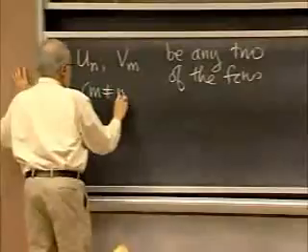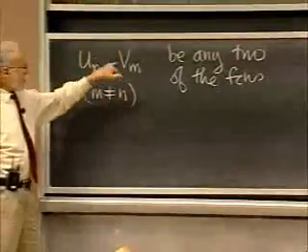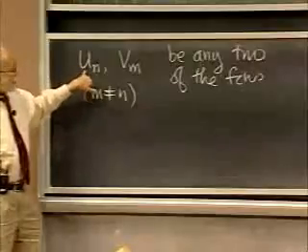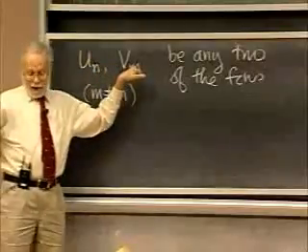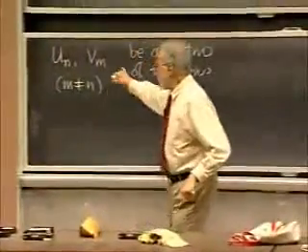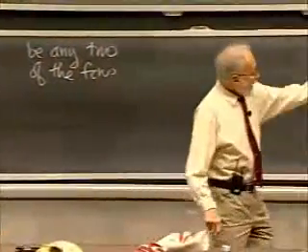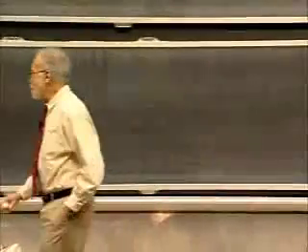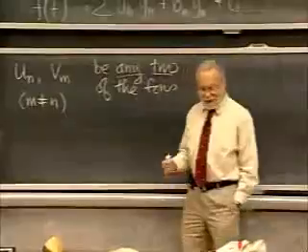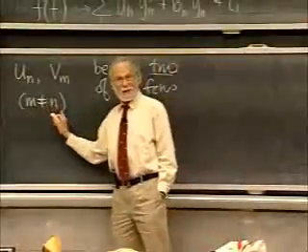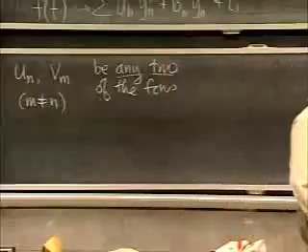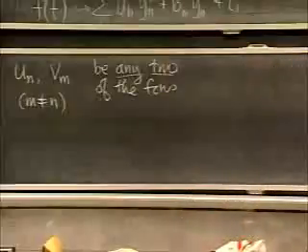For example, this one could be sine nt, and that could be sine of mt. Or this could be sine nt, and that could be cosine of mt. You get the idea. Any two of those, and the subscript indicates whether it's the n or the m that is in there. Any two, and I mean really two, distinct. Well, if I say that m is not n, then they positively have to be different. So again, it's overkill with my twosness.